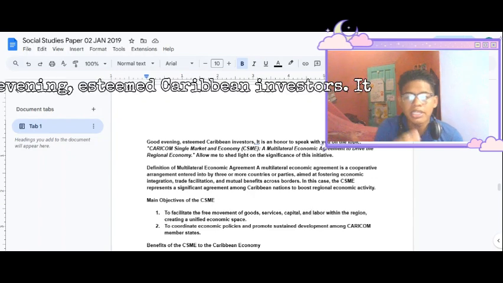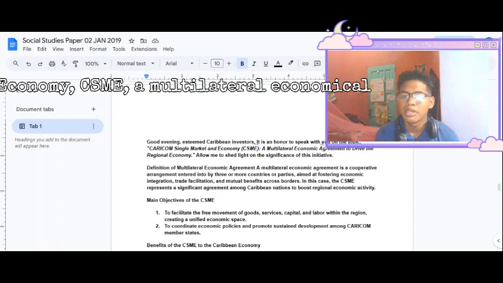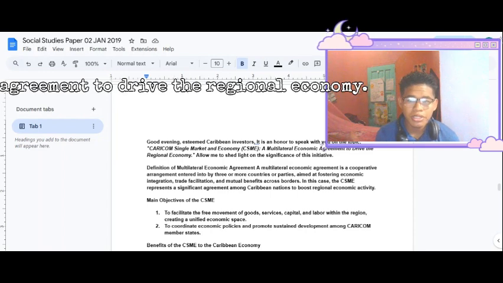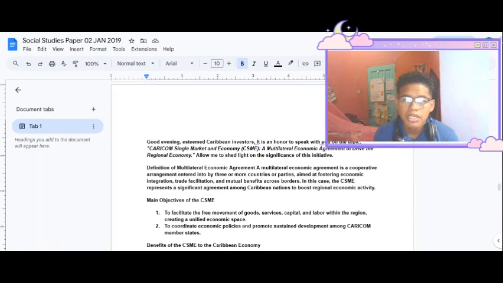Good evening, esteemed Caribbean investors. It is an honor to speak with you on the topic CARICOM Single Market and Economy, CSME, a multilateral economic agreement to drive the regional economy. Allow me to shed light on the significance of this initiative.